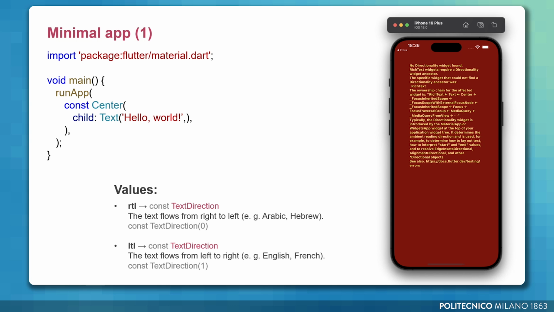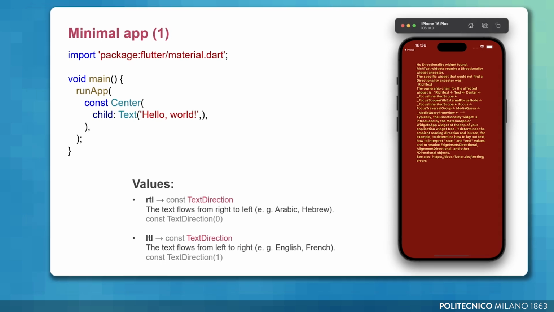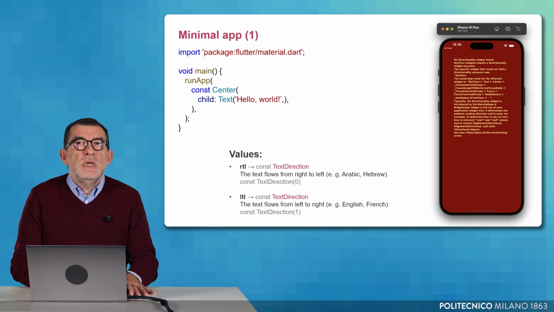The child widget is a Text widget, also from the same package. Its first argument is the string to display, passed as a positional unnamed parameter, since it represents the main content of the widget. Also, notice the coding style. I use trailing commas whenever possible, especially in widget trees.